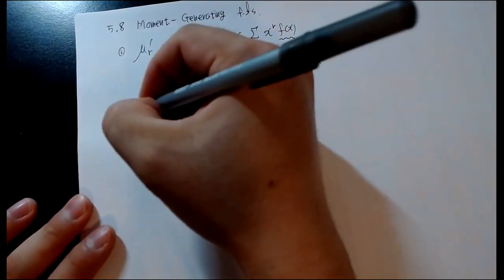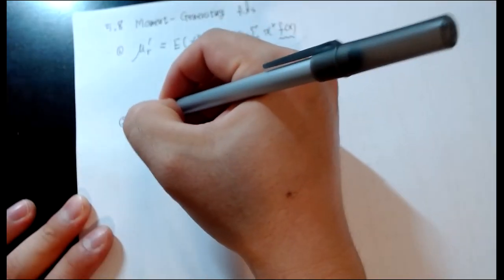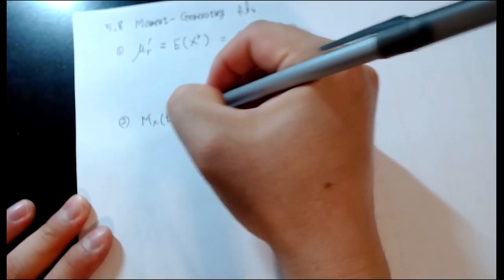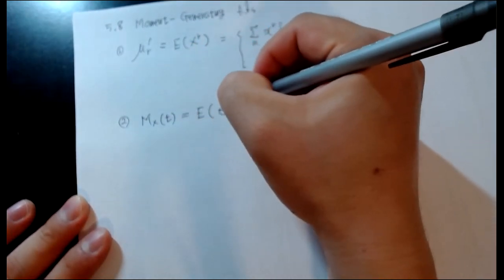Then the moment generating function was denoted by M_X(t). That was the expected value of e to the tx.